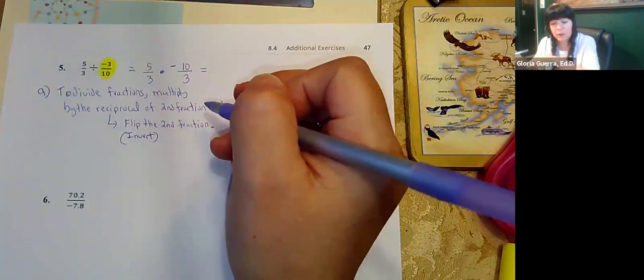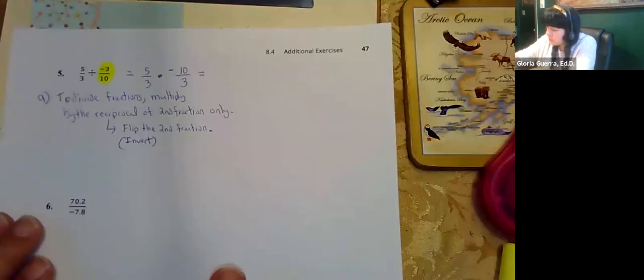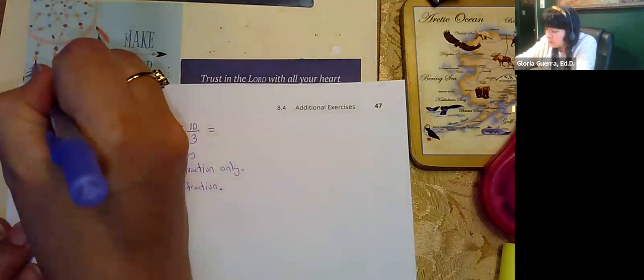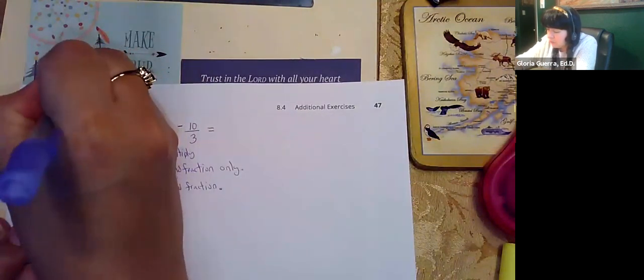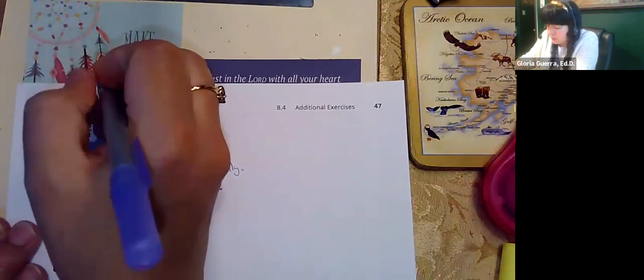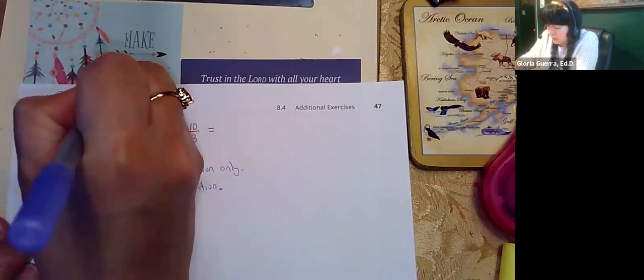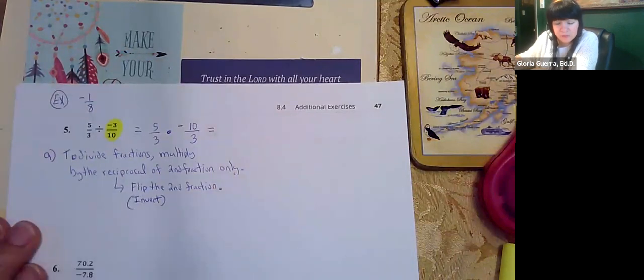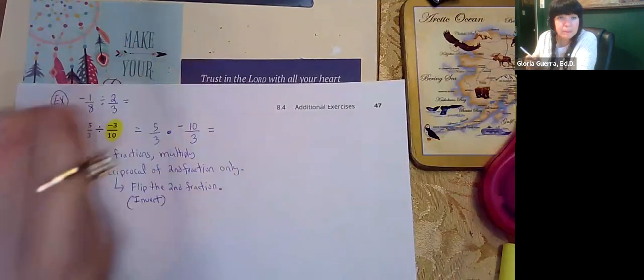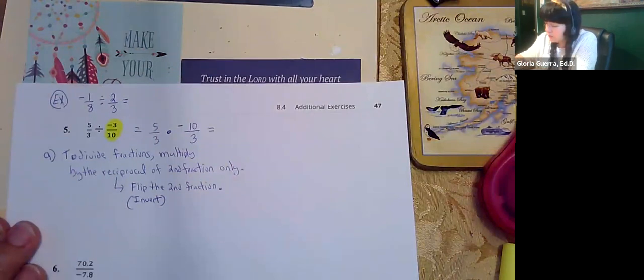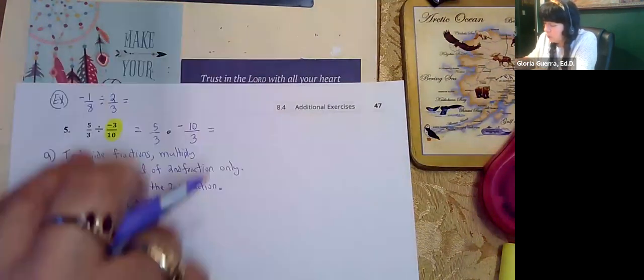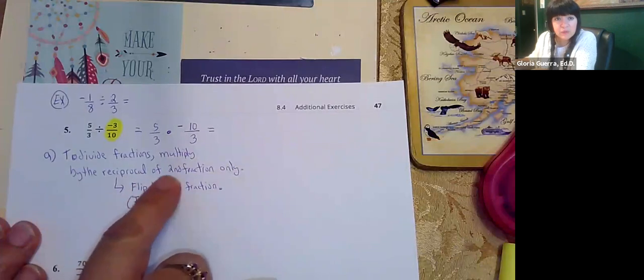Okay. Now, let me show you another little example. We're not done with this, but let me just show you this. I was just making this up off the top of my head, right, in class. If I had -1/8 divided by 2/3, and this is the negative. Again, you want to multiply by the reciprocal of the second fraction.